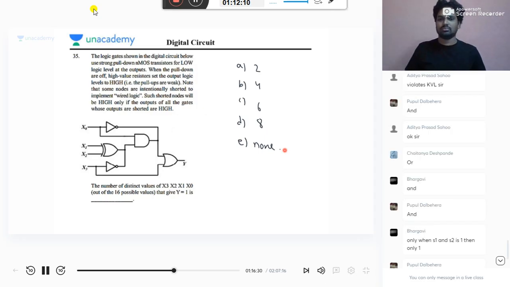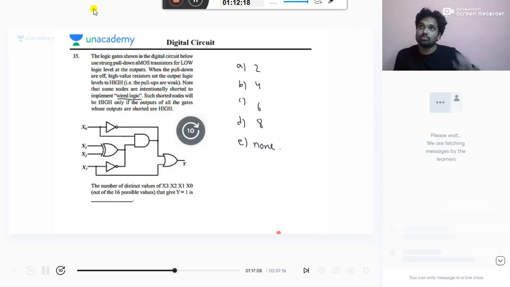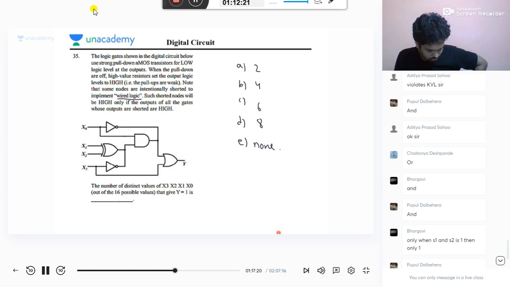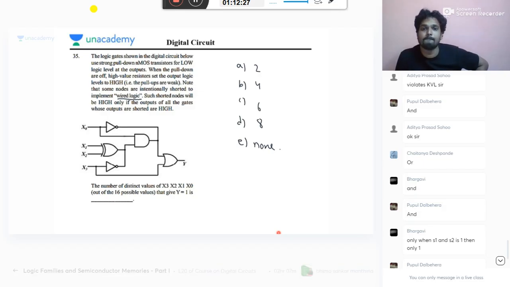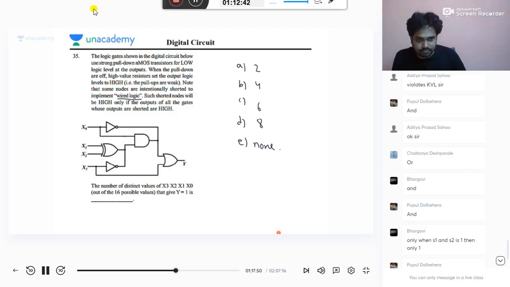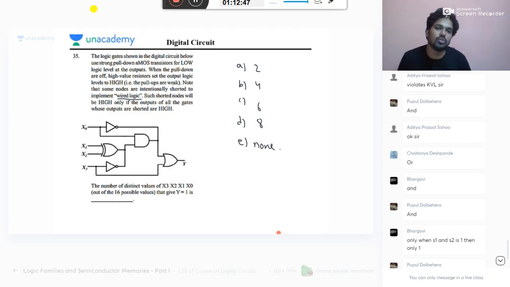Too early. Abhinay, Kritik, Asif, all 1/2s only. No 2/2. Okay. Let's see what is the right answer here.